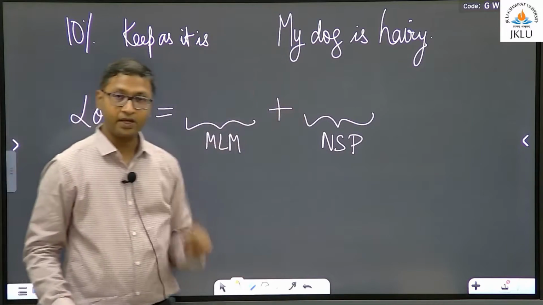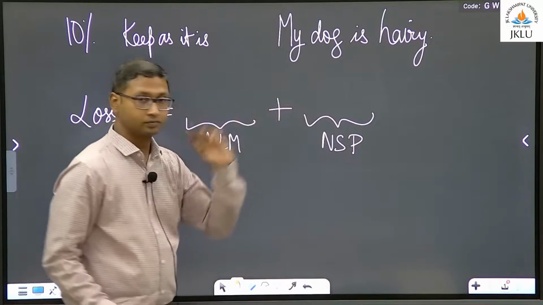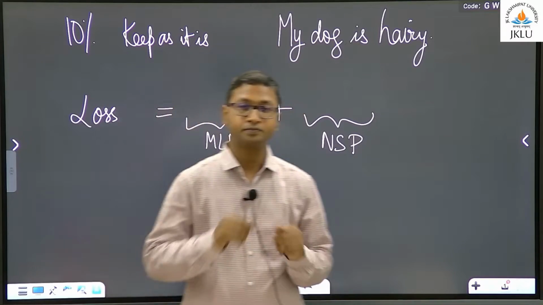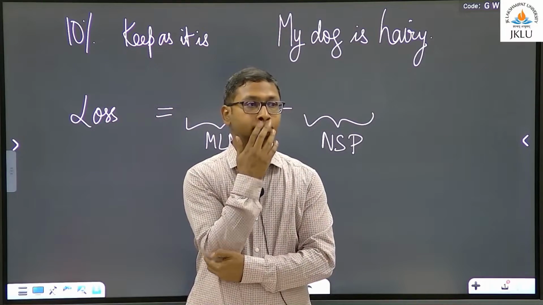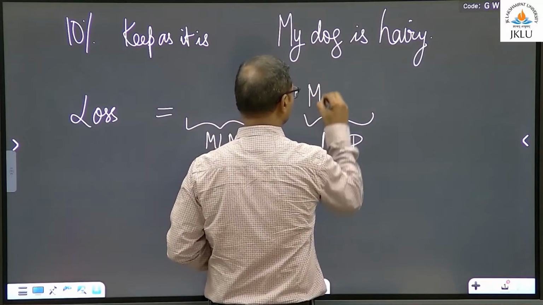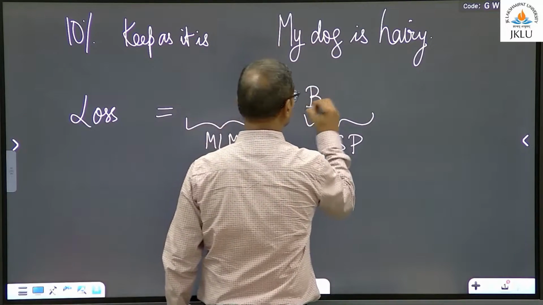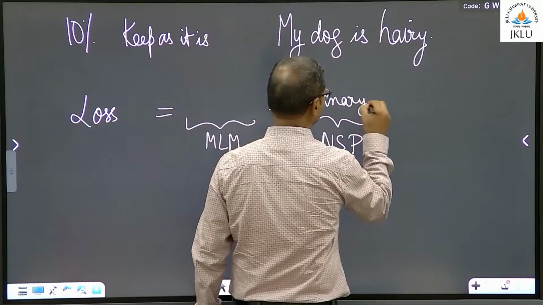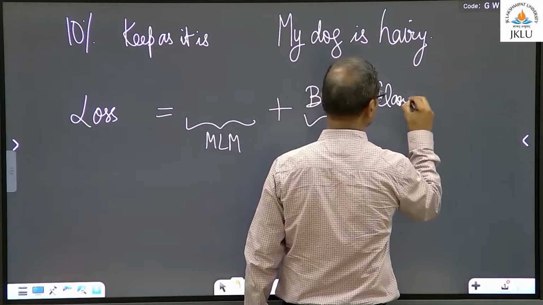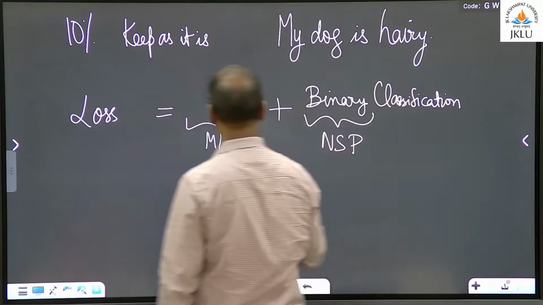Now what is NSP? I won't fill in this here. This you are supposed to do on your own. What is NSP? This is just binary classification. So I'll write that, but I won't write mathematics still. This is my binary classification.